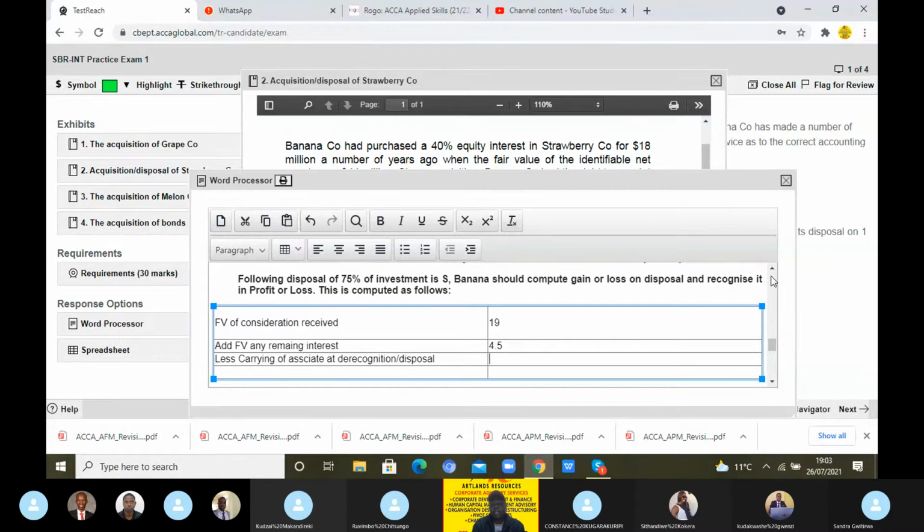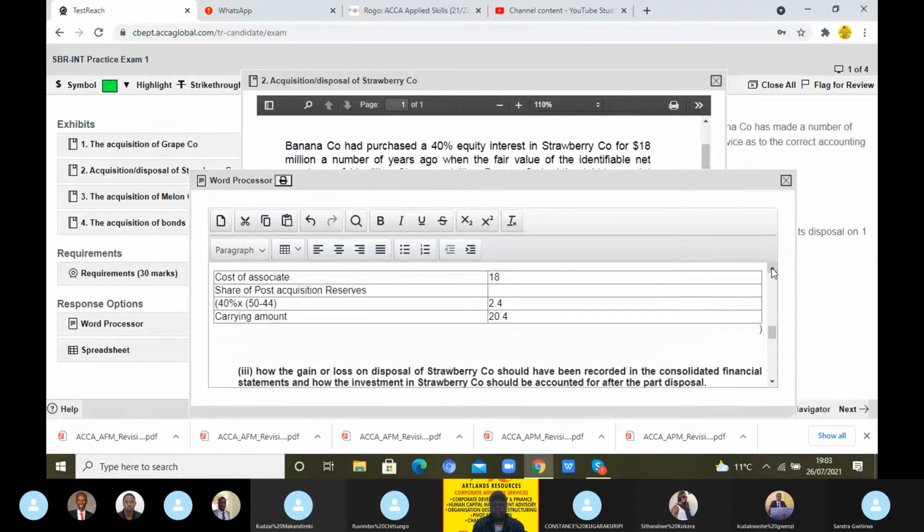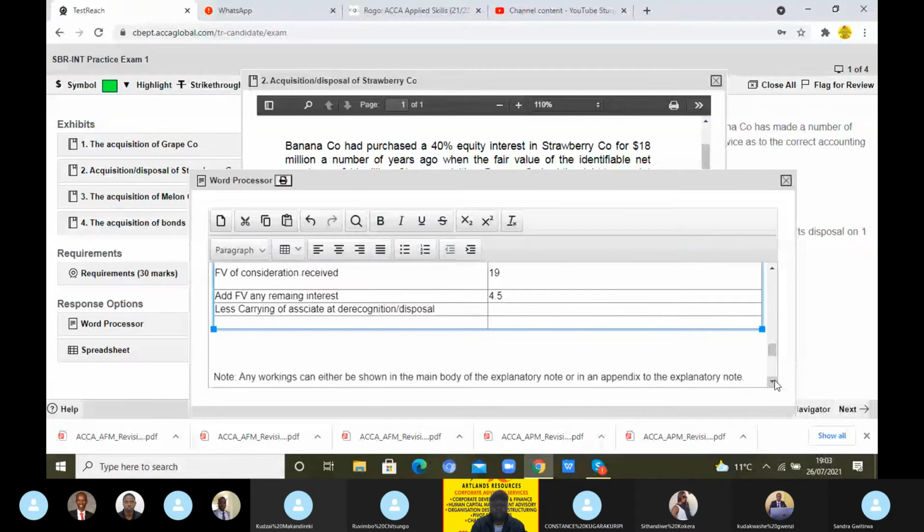The carrying amount of the associate is what we calculated above, 20.4. So the associate had a value of 20.4 at the date of disposal, and the answer that you then get is the gain. You can put the 20.4 in brackets just to tell the examiner that this figure I'm subtracting.